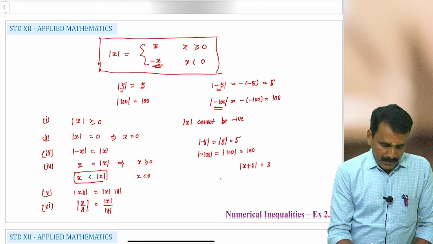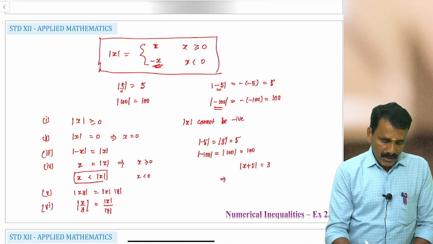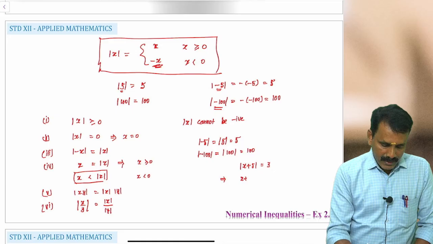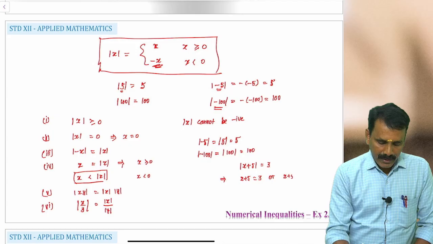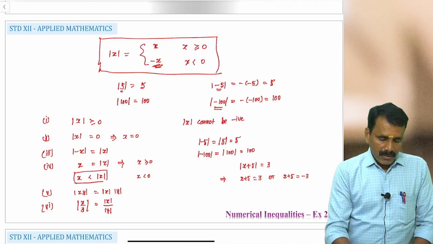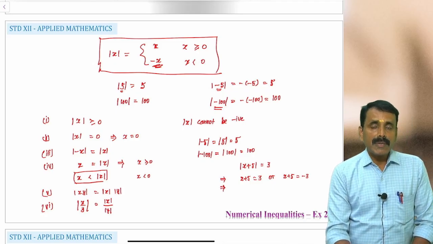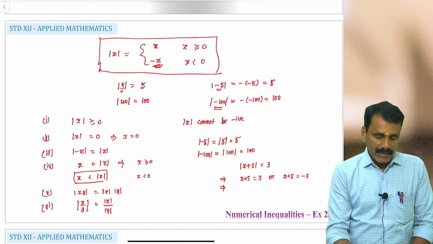Which implies, when we remove that modulus, your x plus 5 can be equal to 3 or your x plus 5 equal to minus 3. Which implies we have to remove this plus 5 which appears with the x.